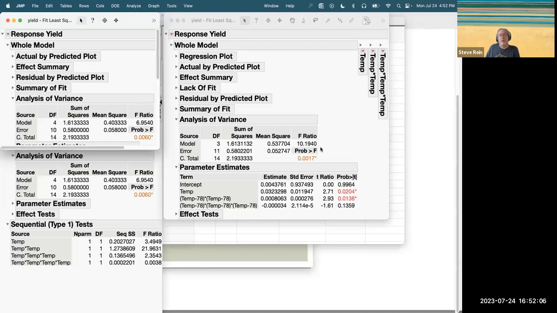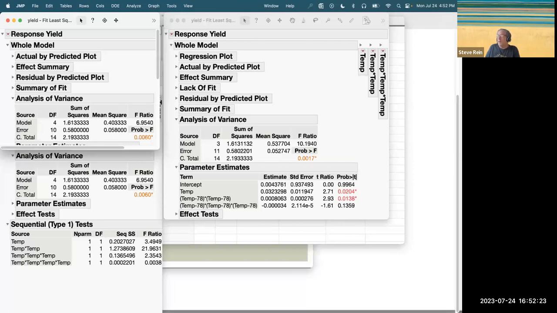You're more likely to spot the truth if you use this polynomial fitting approach. Quantitative factors, numeric factors, as long as you treat them like polynomials, you're better off. That is the lesson I'm trying to suggest.